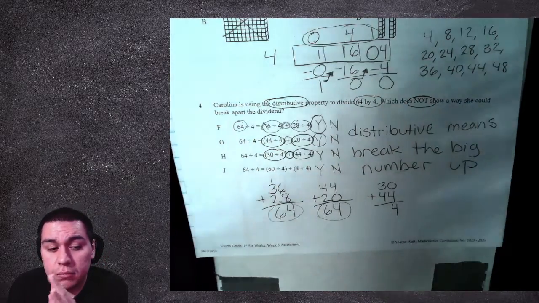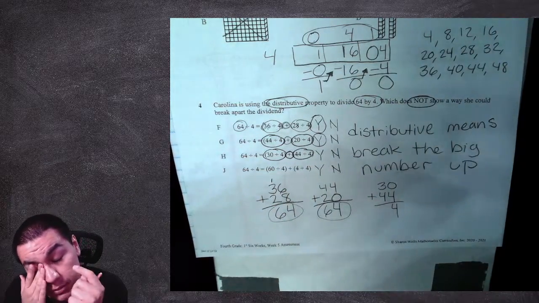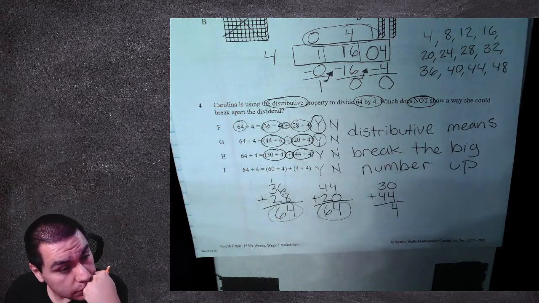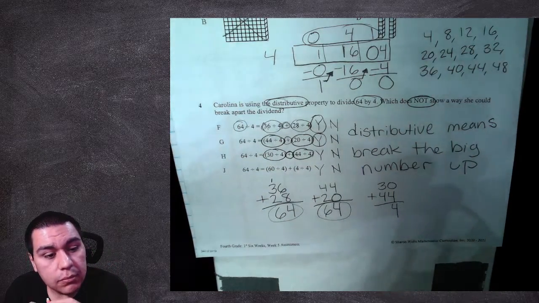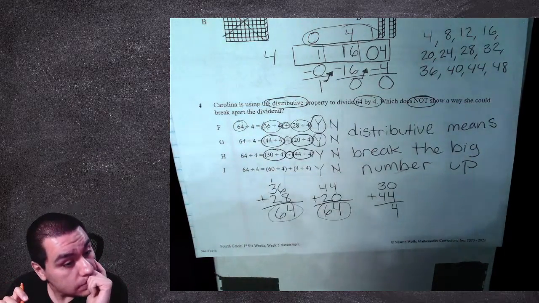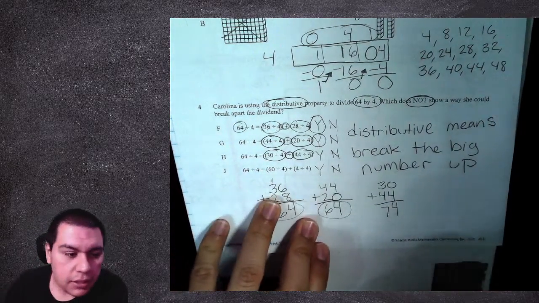Not 10. Check it again. Or sorry, 3 plus 4. Sorry, I gave you the wrong numbers. What's 3 plus 4? Not 6. 3 plus 4. 7. There we go.